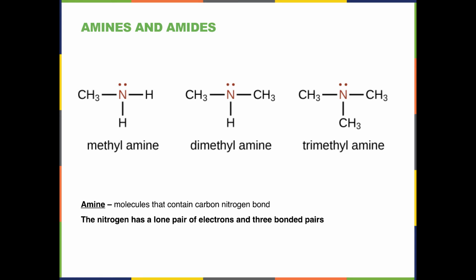And nitrogen will have a lone pair of extra electrons along with 3 bonded pairs of electrons. So here's your lone pair of electrons. The naming is basically very simple. You just put amine on the end of the name.